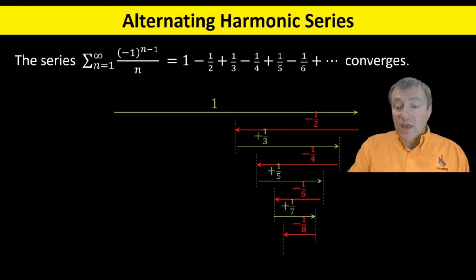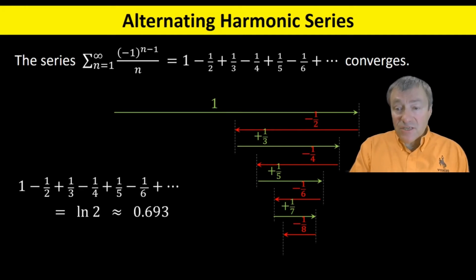Both the even-numbered and odd-numbered partial sums are bounded, so they both have limits by the least upper bound property. But they also have the same limit, since the gap between the upper and lower sums is tending to 0. In fact, the series converges to natural log of 2. That's approximately 0.693. But we don't need to know that here. So we're not going to take time to justify that fact.